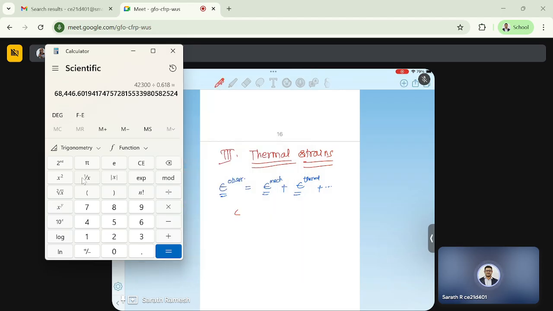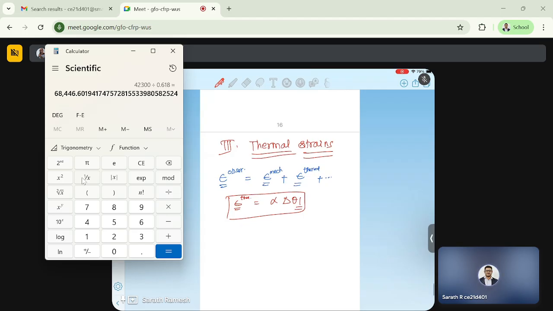And this thermal strain is given by what? This thermal strain is alpha times delta theta. Delta theta is the change in the temperature, right? It's a tensor, so identity. Fine. And observed strain is the sum of mechanical strain and thermal strain.